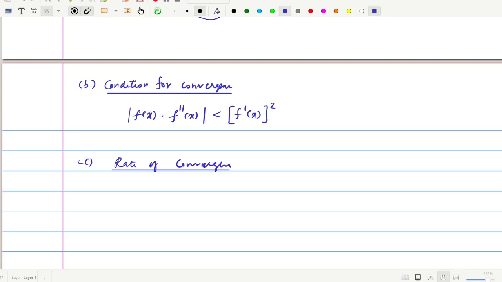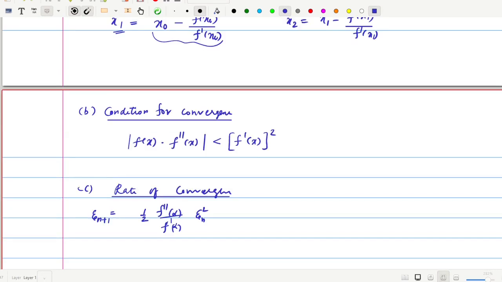Then the rate of convergence is defined as half this k times epsilon n square, that is nothing but half f double dash alpha divided by f dash alpha times epsilon n square, that is epsilon n plus 1, where epsilon n plus 1 is the error at the n plus 1 stage, that is the difference between the actual root alpha and the n plus 1 approximation, x n plus 1.